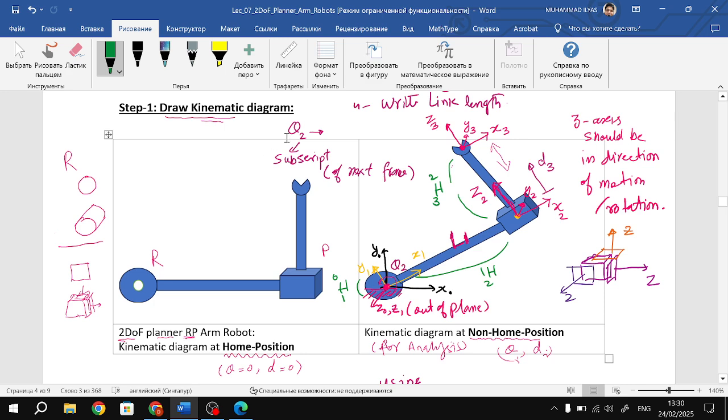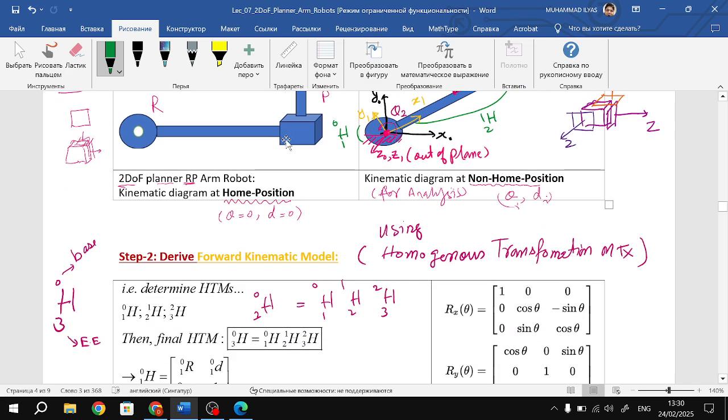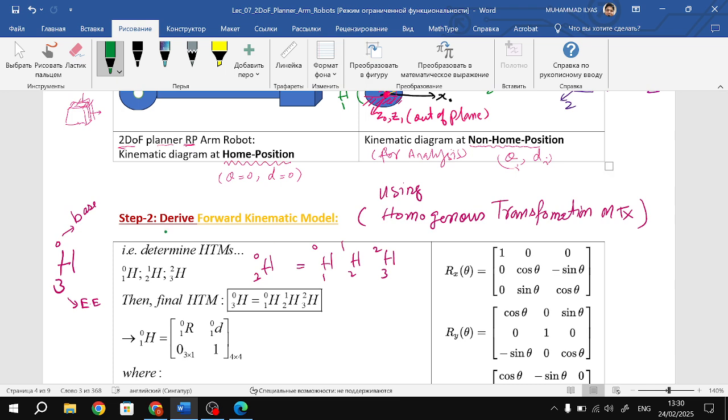Forward kinematics means, in simple words, find the final HTM between the end-effector frame and the base frame.